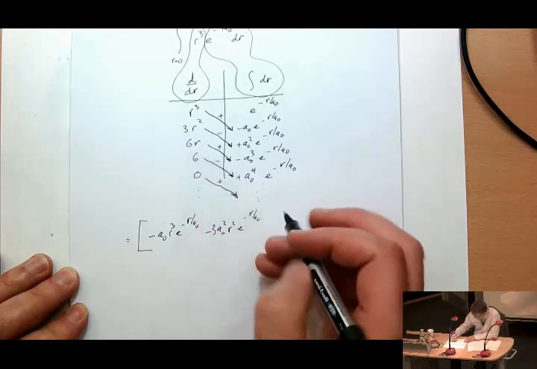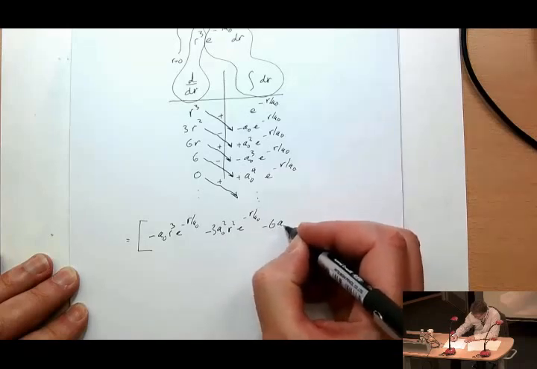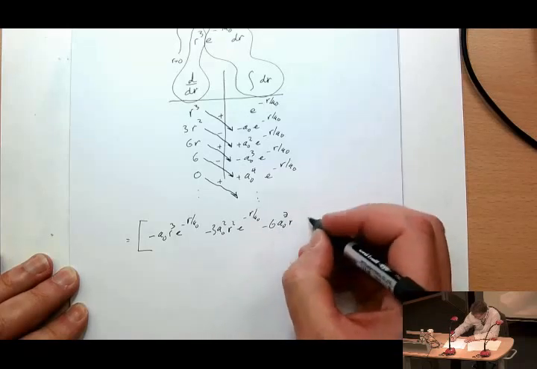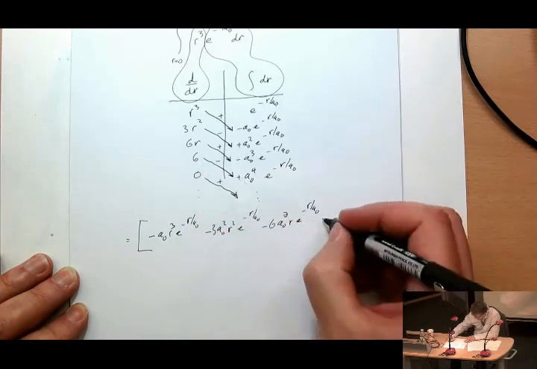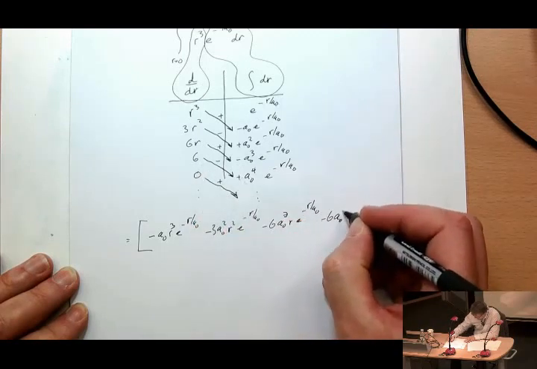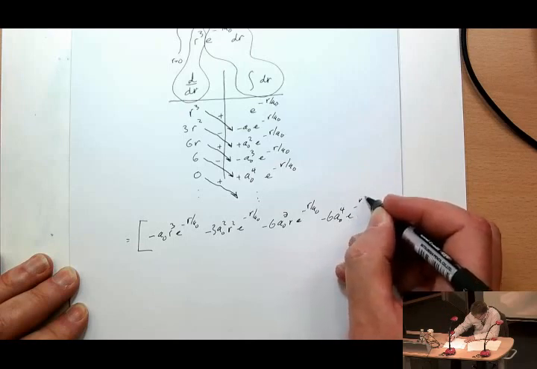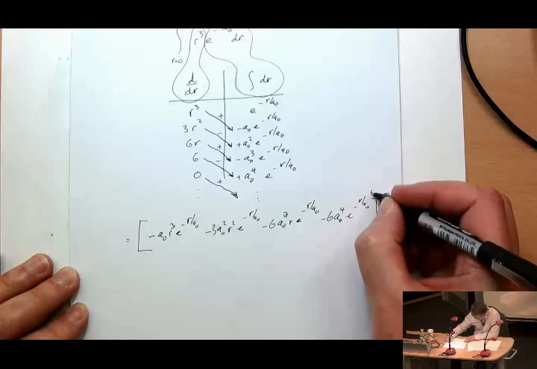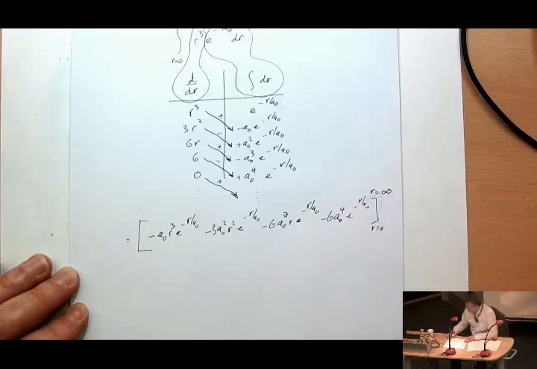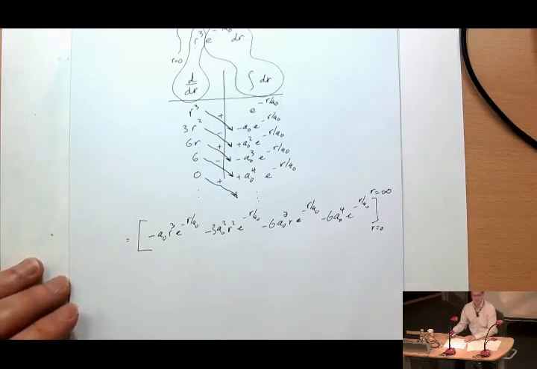The next term, minus 6a naught cubed r e to the minus r over a naught, and the final term, minus 6a naught to the 4 e to the minus r over a naught, and I'm evaluating that from r equals 0 to r equals infinity. So essentially now I'm just about done, apart from putting in my limits.